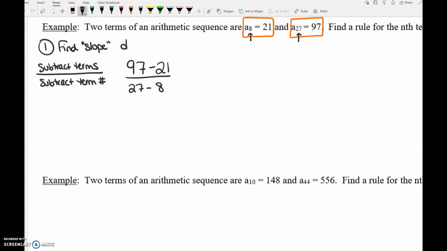When I do this, 97 minus 21 is 76. 27 minus 8 is 19. And 76 divided by 19 is 4. Our common difference is 4.